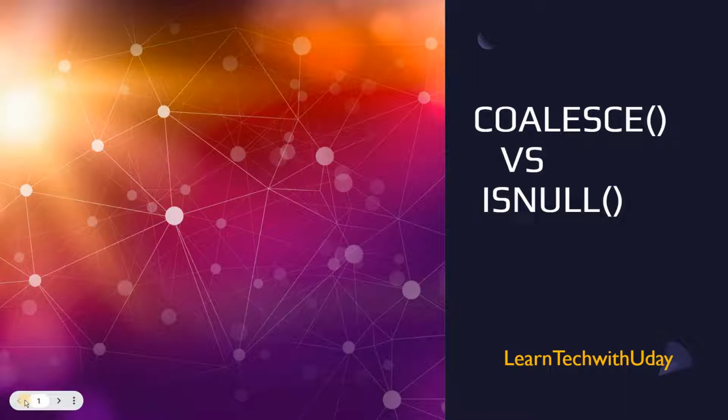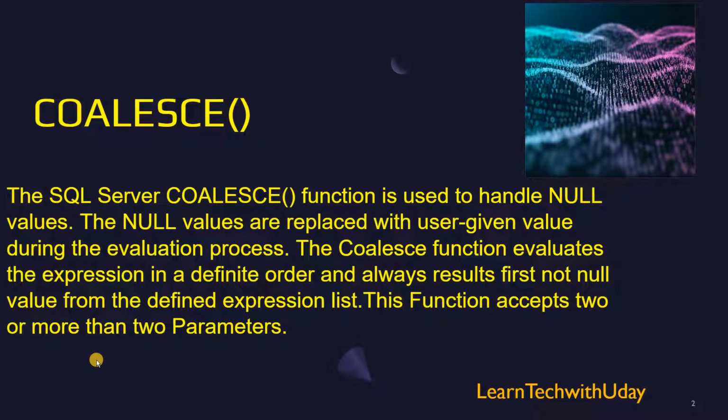So let's see the definitions of these functions first. Coming to the COALESCE function, the SQL Server COALESCE function is used to handle null values. The null values are replaced with a user-given value during the evaluation process.